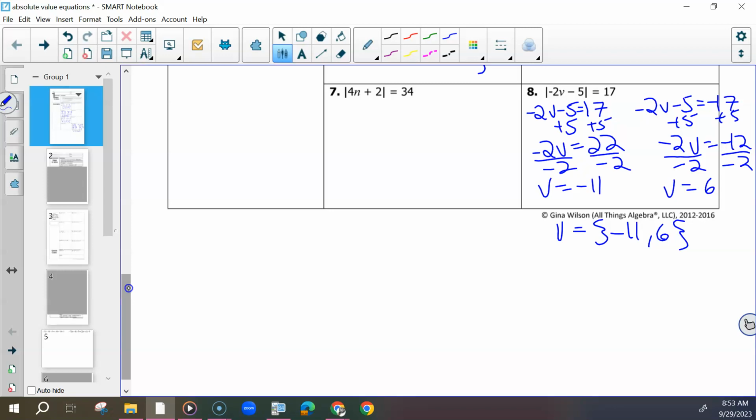That's it. Any other questions for this page? Or any other problem we skipped over that we want to go back and do? If not, go on to the next page.